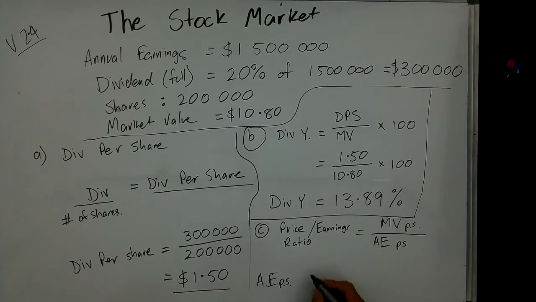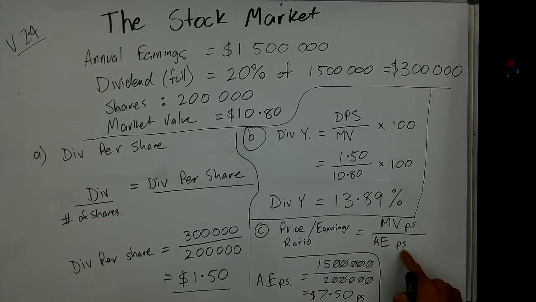Sorry, I'm abbreviating stuff in letters. Divided by 200,000. Please make sure you don't put it wrong. This equals $7.50 per share. So that's what we plug in here.